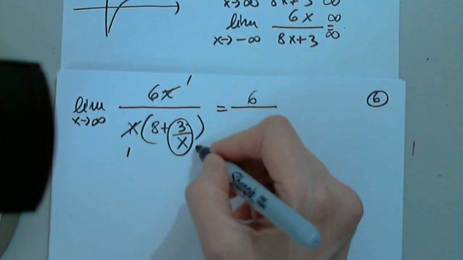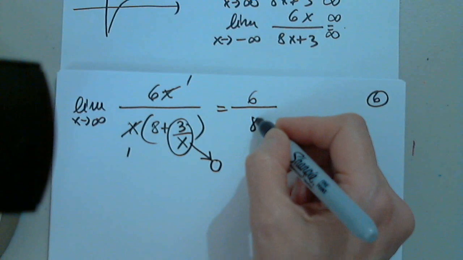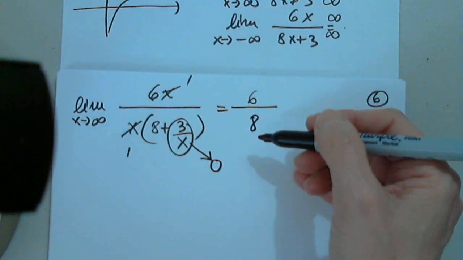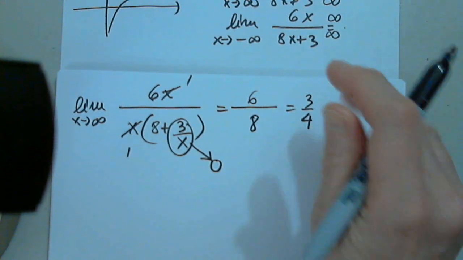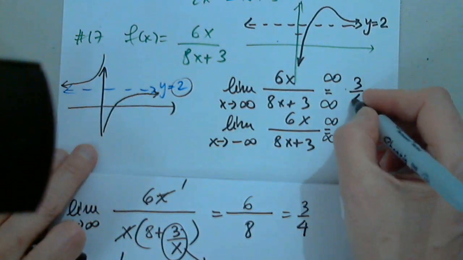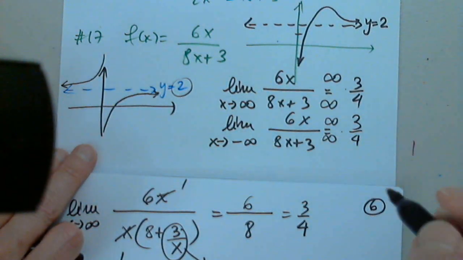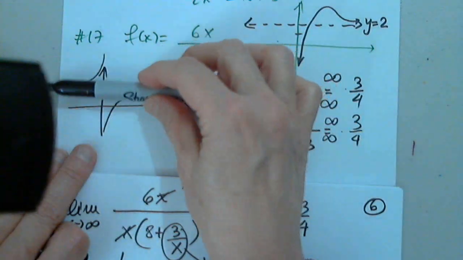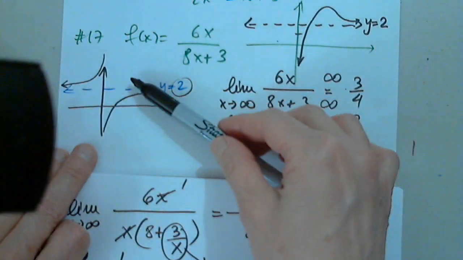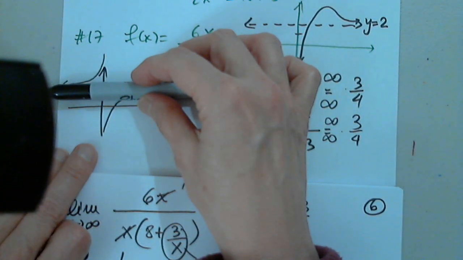Very good, because we know already that this approaches 0. Awesome. So simplified by 2, and we get 3/4. And that's how we get the 3/4 here. So that is the horizontal asymptote. Not 2 in my simple example here, but 3/4.